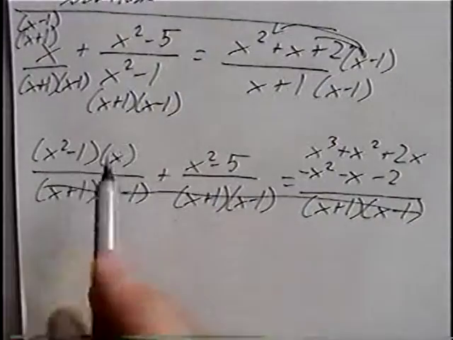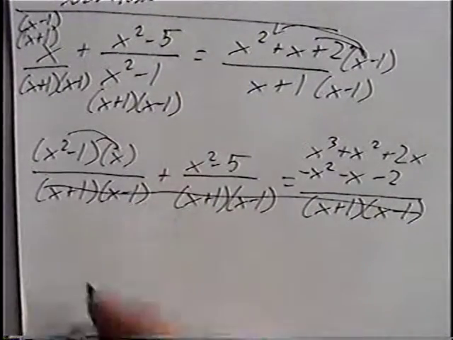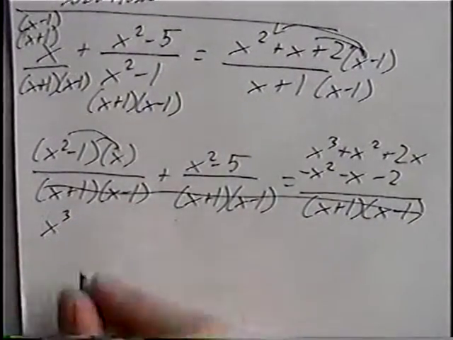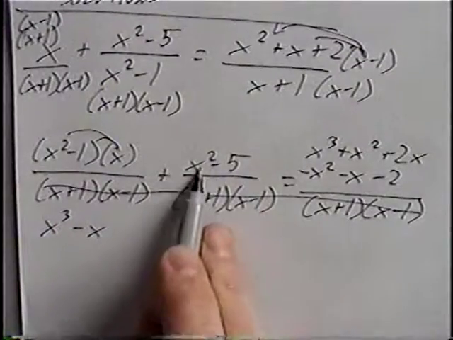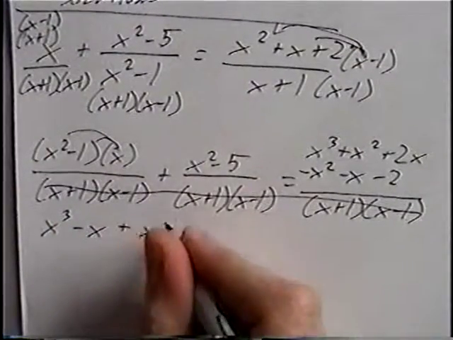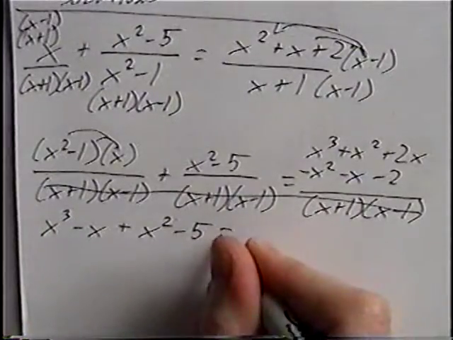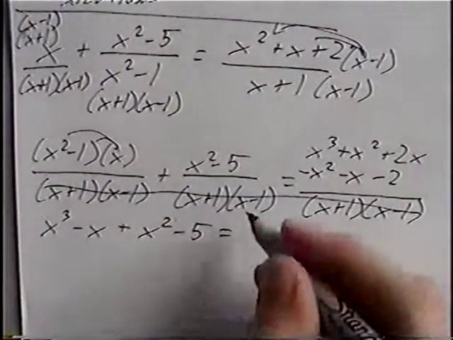This numerator we can distribute, x times each of these. That'd be x cubed minus x. x squared minus 5 stays the same. Equals, we have x cubed.